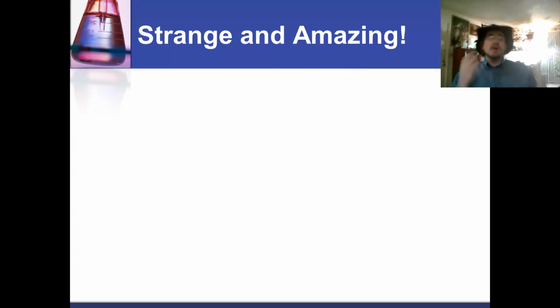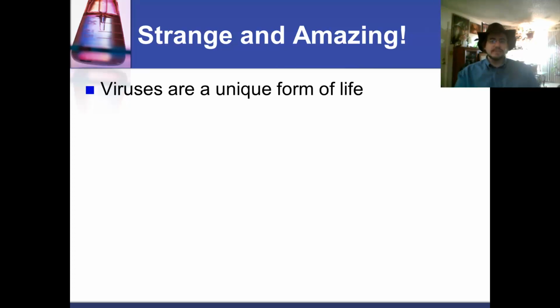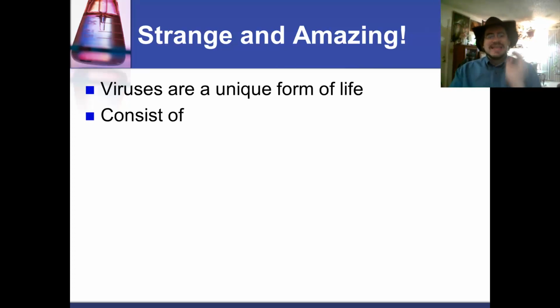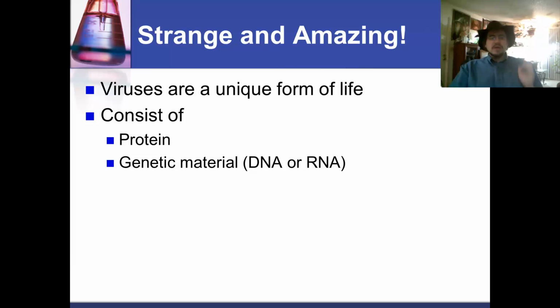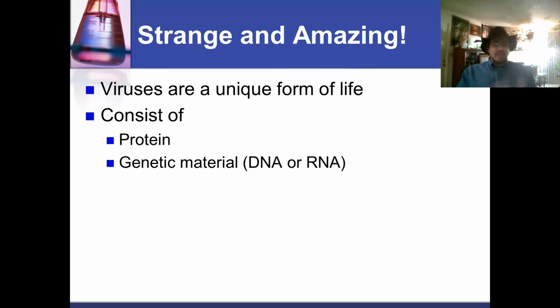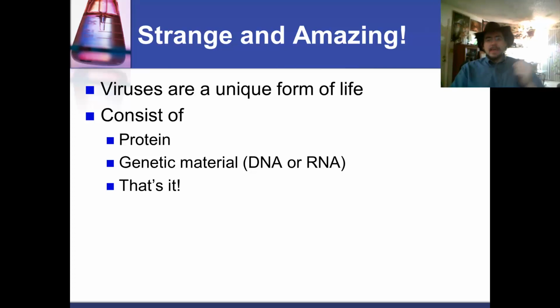You know how I always said the central dogma is DNA to RNA to protein, but I always specifically said cellular life. And that is because viruses are non-cellular life forms. And they are a unique form of life because they consist of a protein coat, genetic material, which could be DNA or RNA, and that's it.